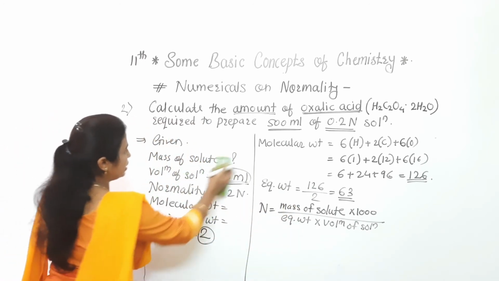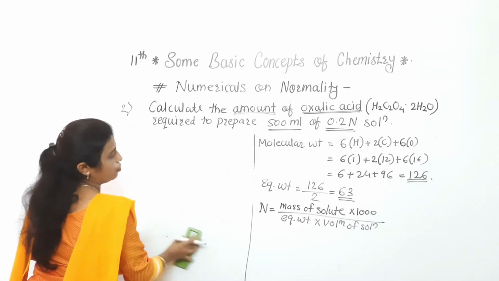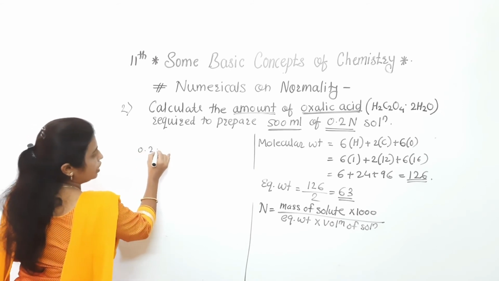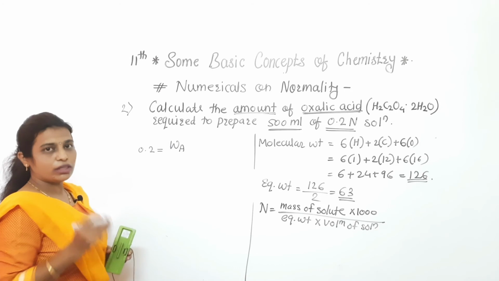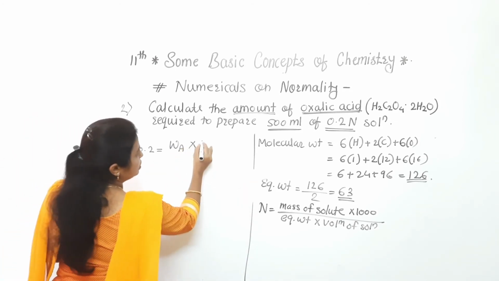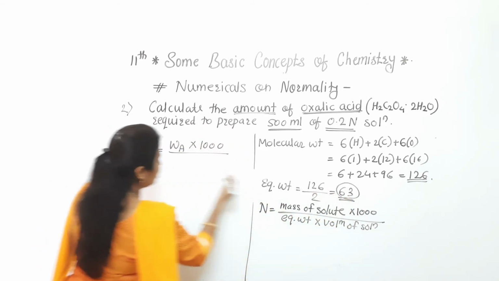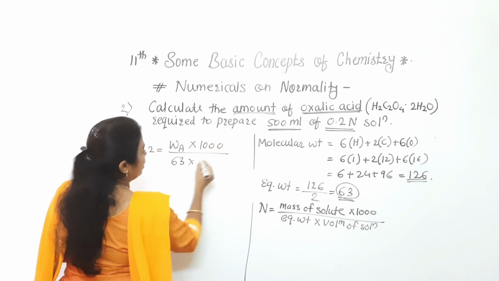Now see, we will put this given data in that formula. Normality, what is that? 0.2 equal to mass of solute, that we have to find out. So I am writing that symbol, that is the mass W, solute A, into 1000, that is as it is, divided by equivalent weight. Here we got 63 and volume, that is 500 ml.